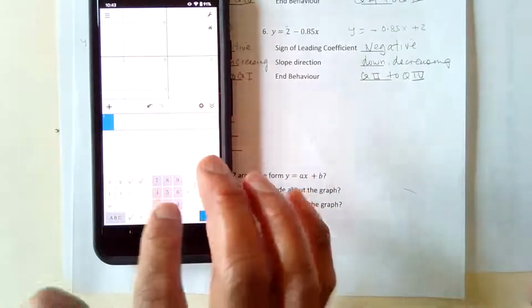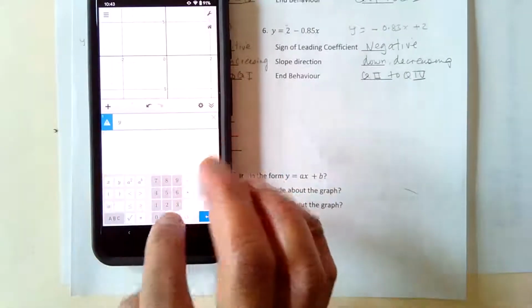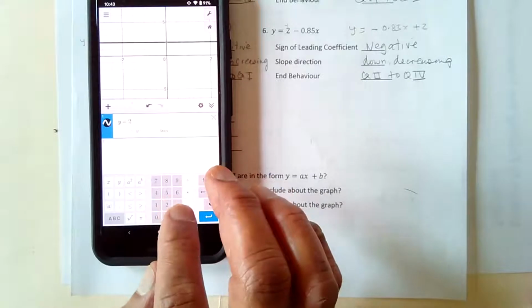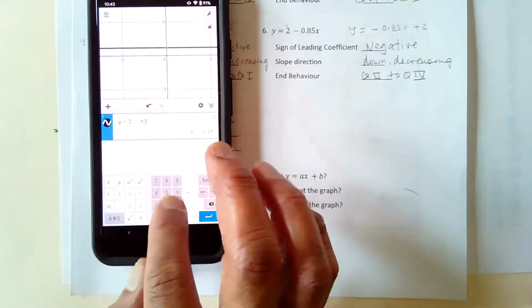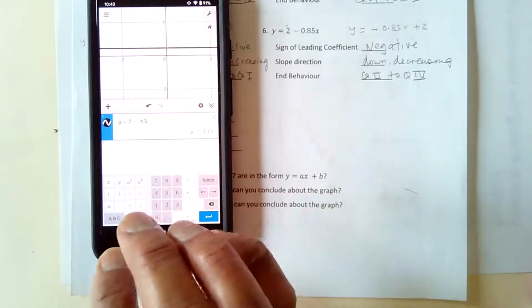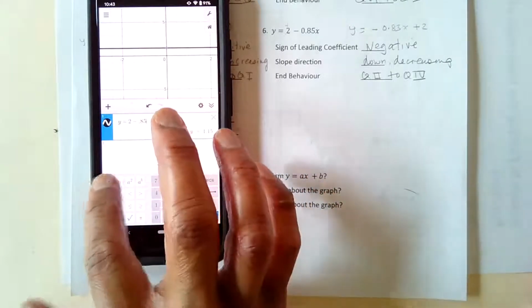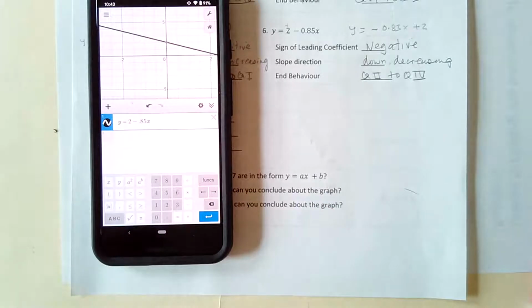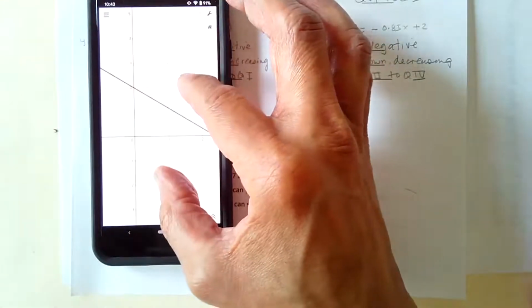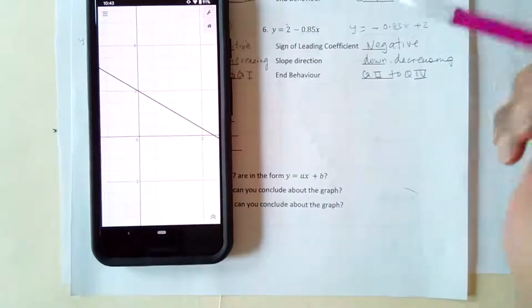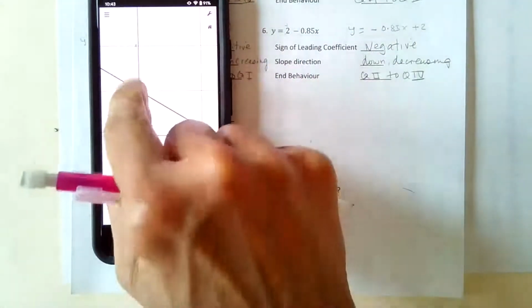So y is equal to 2 minus 0.85x, and there's your graph. Notice your y-intercept is plus 2.